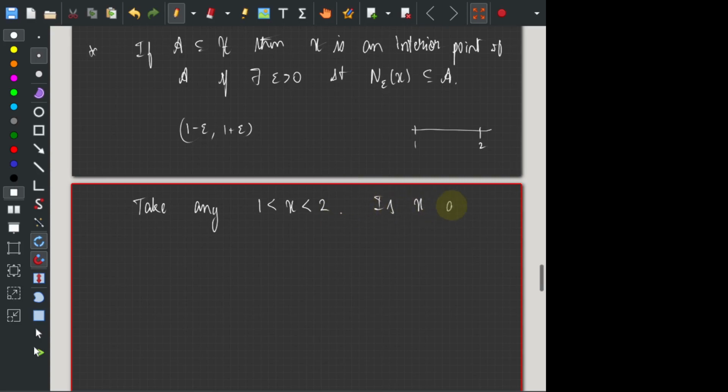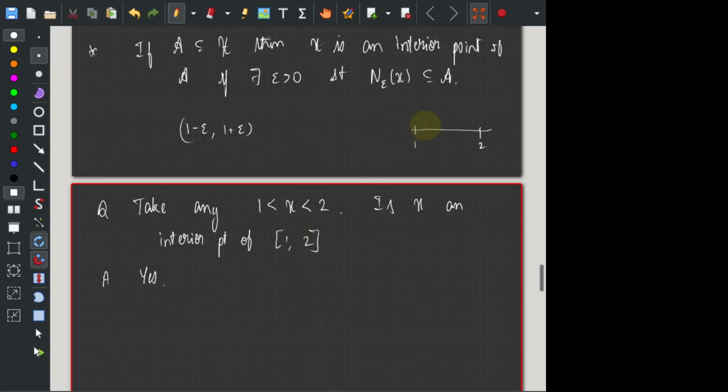Is x an interior point of the set 1 comma 2? That's what we want to answer. The answer is yes, but why? Epsilon 1 is x minus 1 and epsilon 2 is 2 minus x. Take the minimum of those.